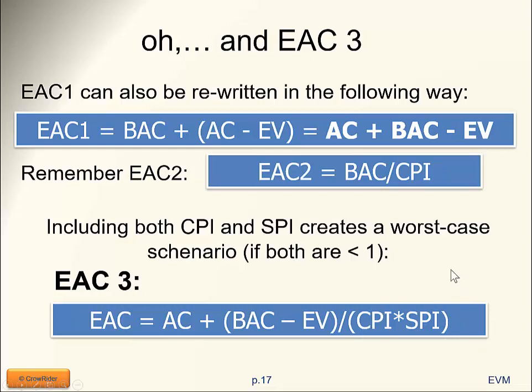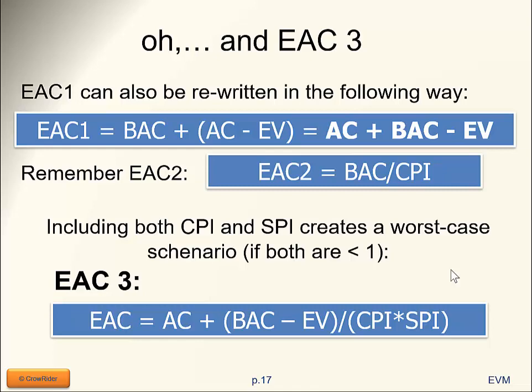Now, do keep in consideration that if both CPI and SPI are less than 1, for example, I am a little late and a little over budget, so they are both 0.9. If I multiply 0.9 times 0.9, I have 0.81. Essentially, I'm creating a more or less artificial worst-case scenario.